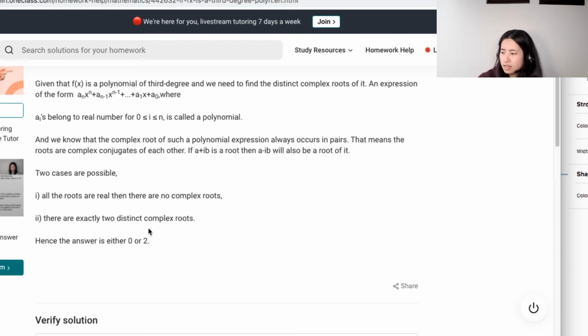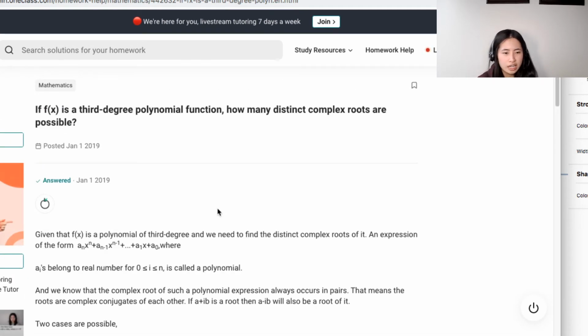Okay, because this question is not really a skill question. They're not testing you to look at a third degree polynomial function and identify what the distinct complex roots are from that polynomial function, right? It's just asking you a general question.